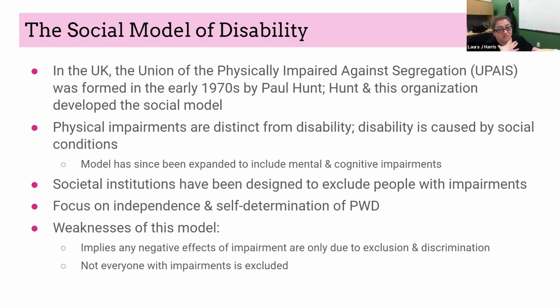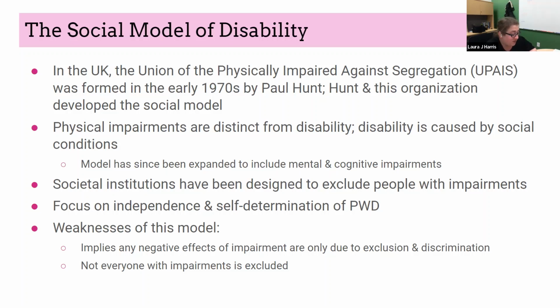And that kind of desire is common, or was common, and sort of gave birth to this model. He helped form a group called the Union of the Physically Impaired Against Segregation. And since that specifically only mentions physical impairments, I do want to mention that the model, as discussed nowadays, has been expanded to include mental and cognitive impairments as well.